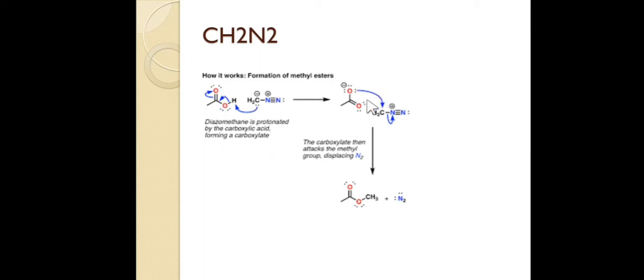This O minus then attacks the methyl group, and as you see, N2 is a good leaving group. It will be displaced in an SN2 type mechanism. It will leave the methyl group, and we get OCH3 and N2 as a side product.